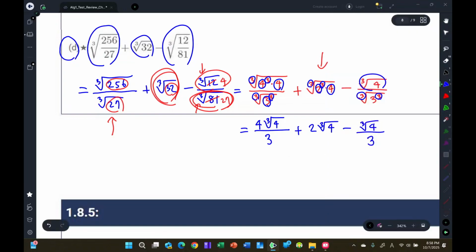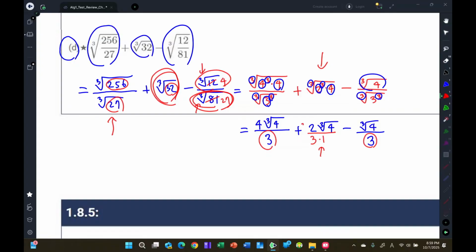Now, is this simple enough? No, I have 3 different terms, but the thing is, I have common denominator here and there, but I don't have common denominator here, right? Then, you know what? I can multiply the invisible 1 denominator by 3 to make it 3. But I can't just multiply some number in the denominator.